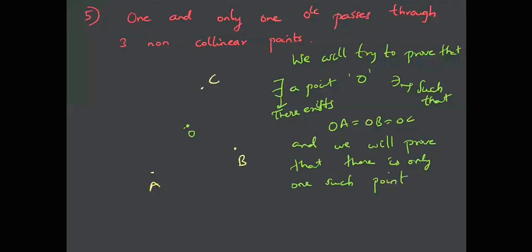Okay, fine. So since OA is equal to OB, O should lie on the perpendicular bisector of AB, right? So let us say this is the perpendicular bisector of AB.